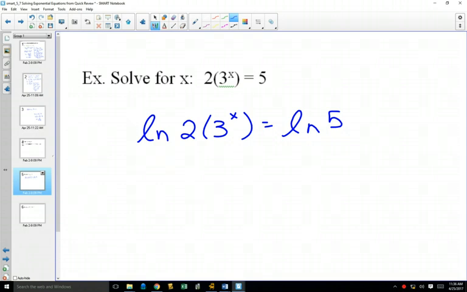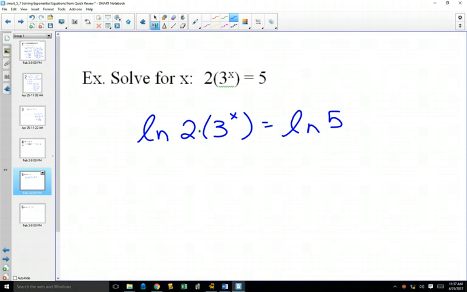Now, when we expanded something completely, like we have on the left side here, we have to decide, what can we do first? Can I bring the x out in front already? Or, since there's multiplication here, do I have to do the adding thing first? In this case, you're going to have to do the adding thing first, because the power rule, to bring the x out in front, only works if that power is to the whole thing inside of the log.